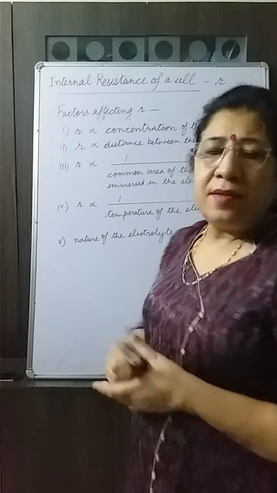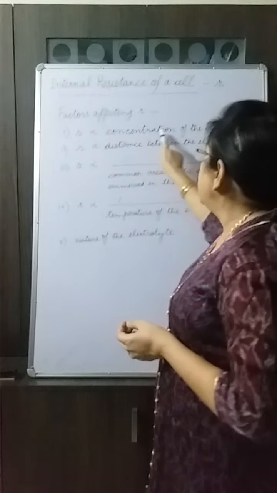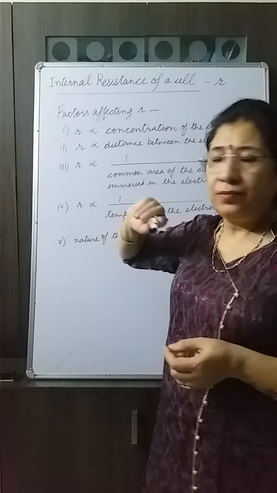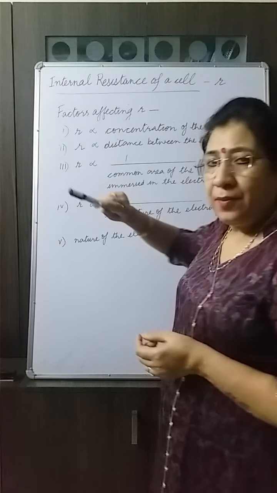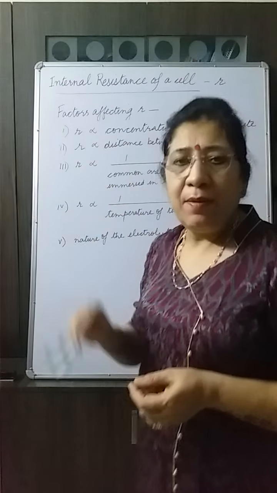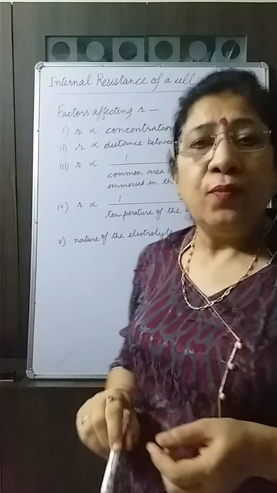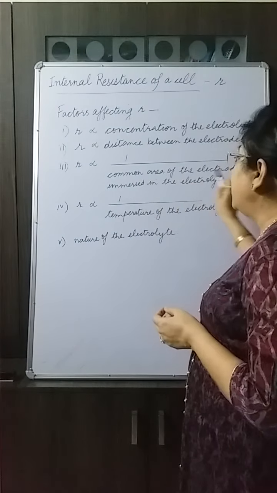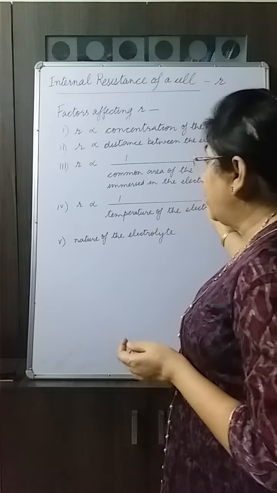This internal resistance depends upon many factors. Firstly, it depends upon the concentration of the electrolyte. r is directly proportional to the concentration of the electrolyte. r is also directly proportional to the distance between the electrodes. r is inversely proportional to the common area of the electrodes immersed in the electrolyte.